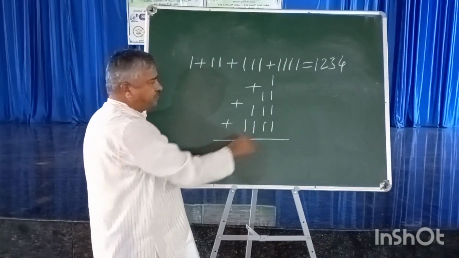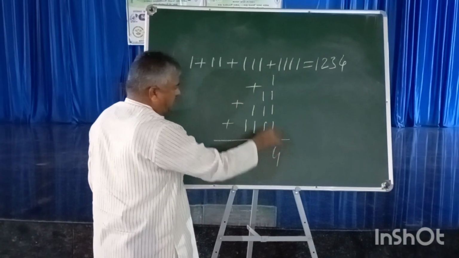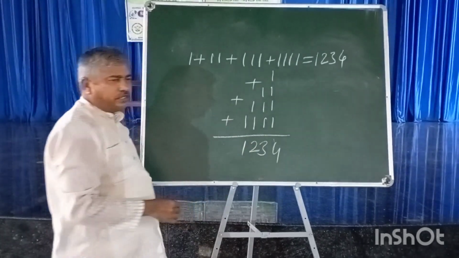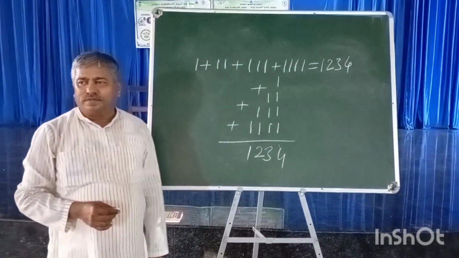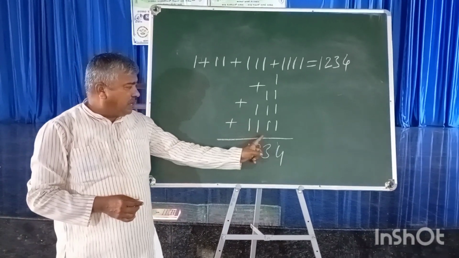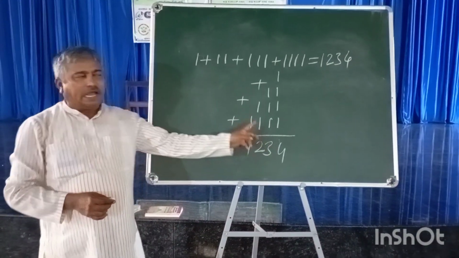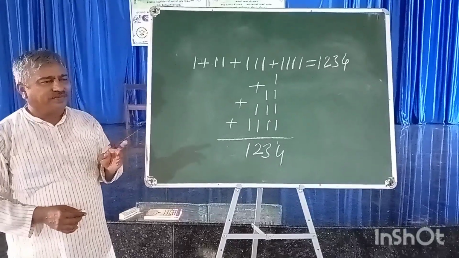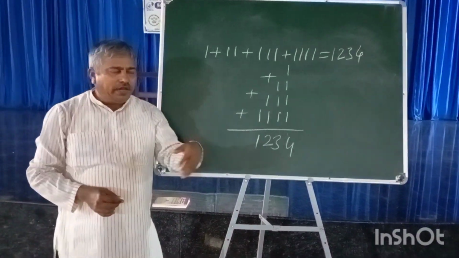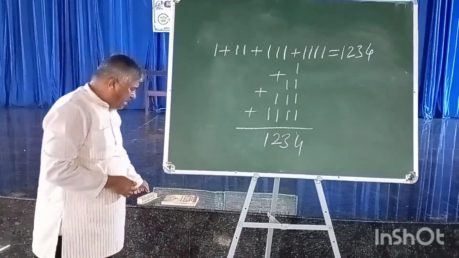Add this all. 4, 3. Okay, this is the answer. Understand? Yes. Okay, this is the schooling method and this is the Vedic method. Is it clear? Yes. Okay, let us jump to another technique.